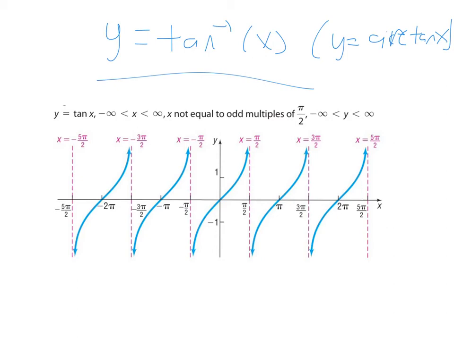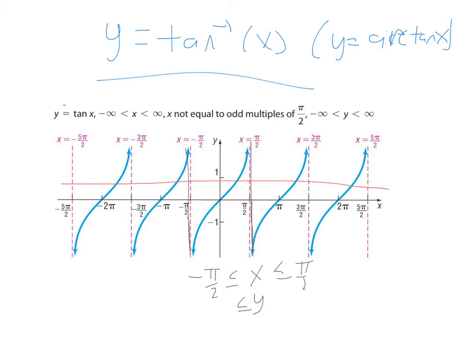You notice it would fail the horizontal line test at infinitely many points. So if we limit the domain to just one branch, from negative pi over 2 to pi over 2, and let the range be all real numbers, then we get the following information for the inverse.